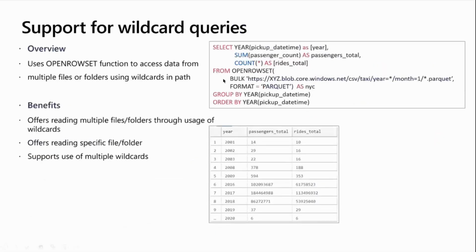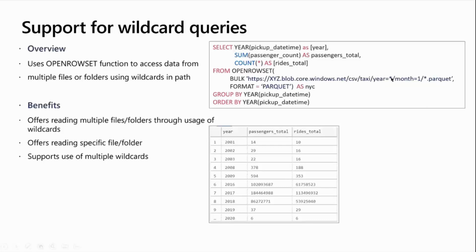The other thing is, with big data systems like Hive or Spark, they typically have this partitioning scheme. So what you'll see a lot is in the URL here, we have year equals star, month equals, and then here we're using 1. So we're hard coding to January, and then star.parquet. If the underlying compute system supports it, it can expose year as an attribute, even if it doesn't exist, just by knowing that the folder name for year is 2001, or it could be 2017.